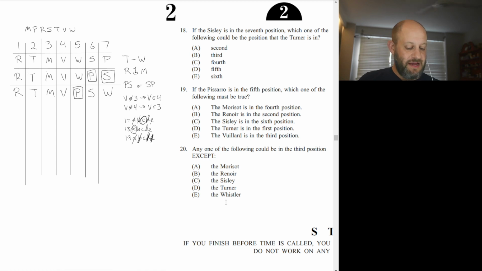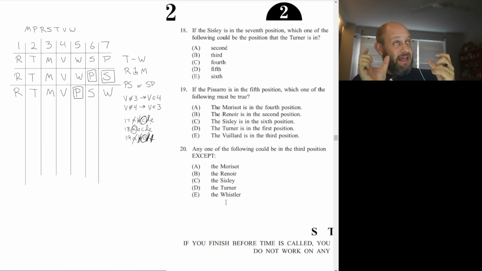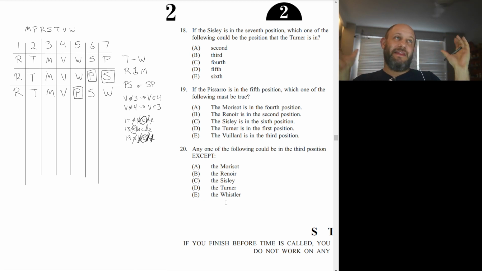It must mean that when I put P in the fifth position, S has to be sixth. We can probably deduce this, right? The only other place for P to be would be fourth, right? Because for S, the only place would be fourth, because it has to be next to P. So if we were to put S fourth, that would force V third, and we would have 3, 4, and 5 filled, and that would mean R and M have no place to go.